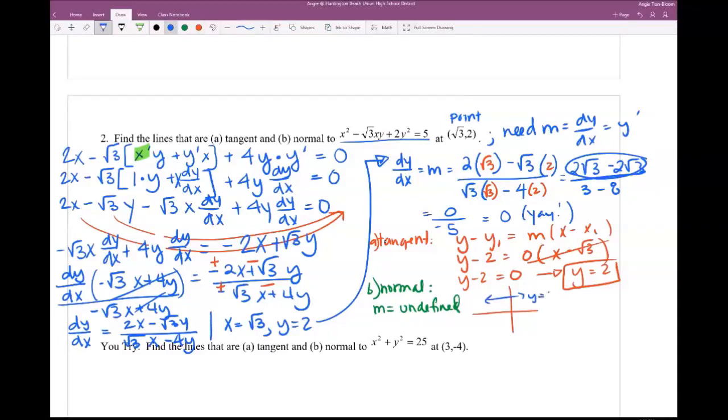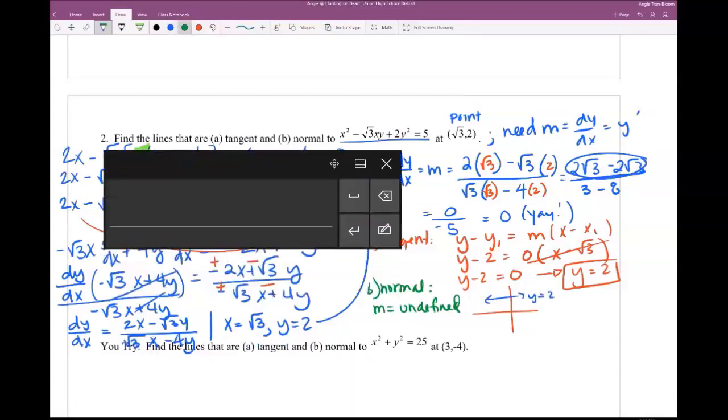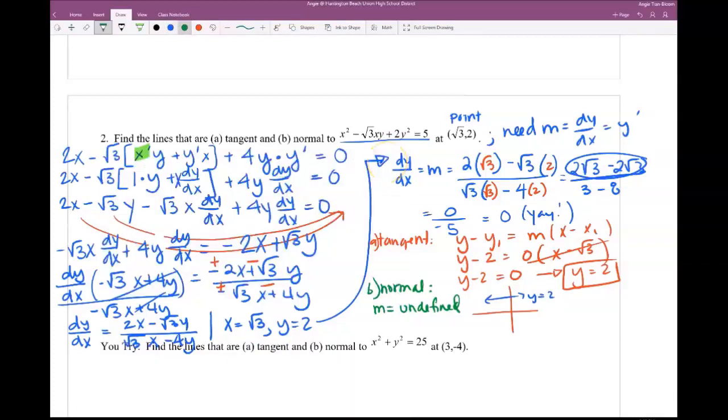It's a horizontal line, so a perpendicular line is going to look like this. The slope is undefined, but it just crosses over at the x-axis. So all you need to know is that x equals radical 3, and that is my normal line.